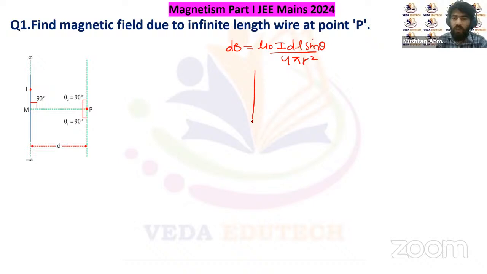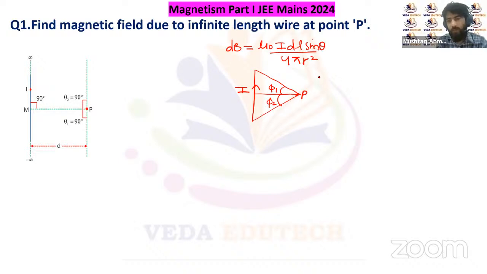So when we have a finite length of current-carrying wire like this, and let's suppose this is the point P, and the current I is flowing through this, then at this point P, the magnetic field due to this finite current carrying wire, let's suppose this angle here is phi 1, and the angle subtended by the lower end of this wire is phi 2, right?